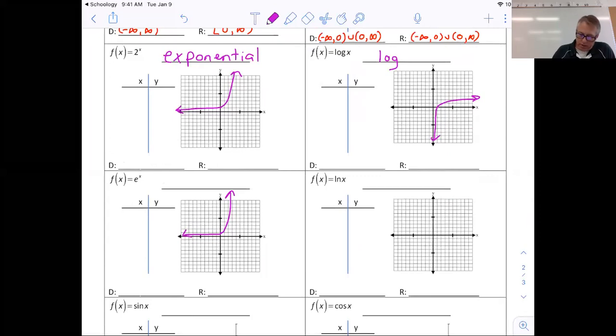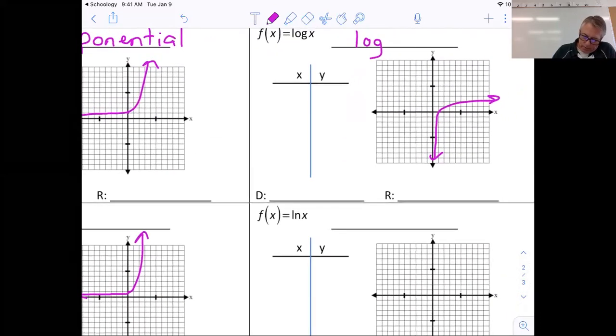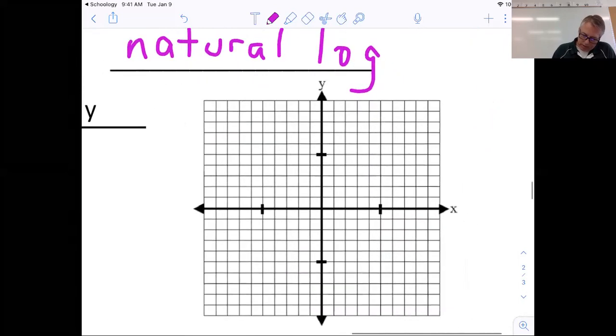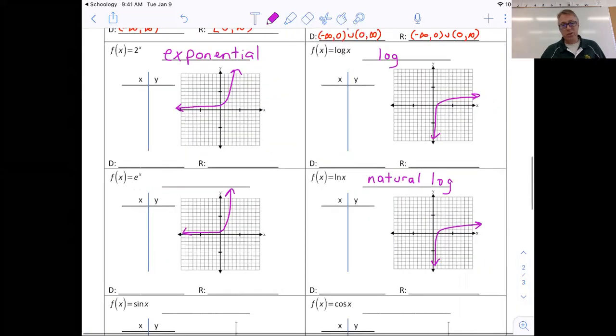And ln x, that actually means the natural log, which at this point probably doesn't mean a lot to you, but it's just another log function like we were just looking at. So I'm just going to give you the basic shape of it.